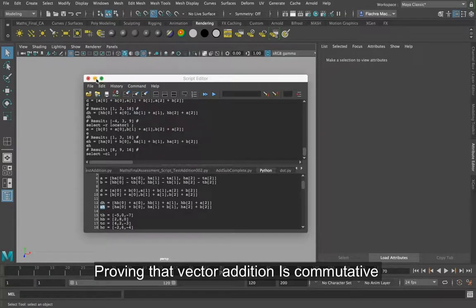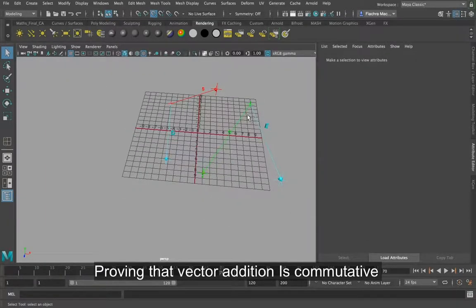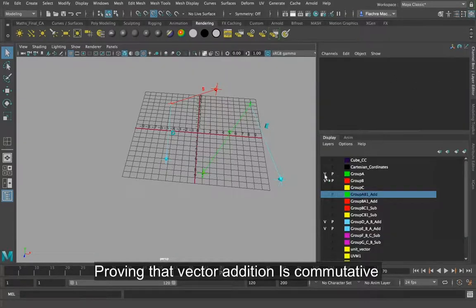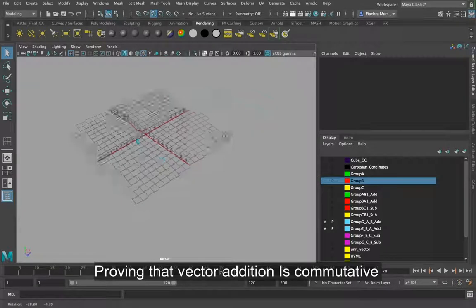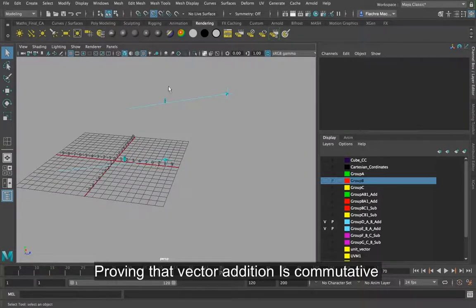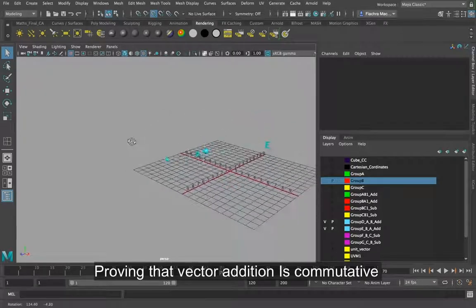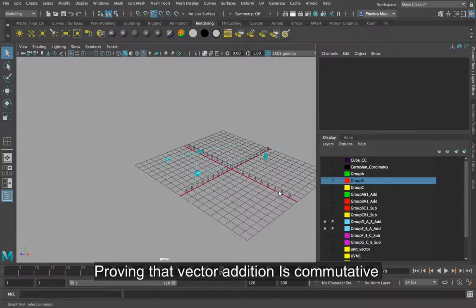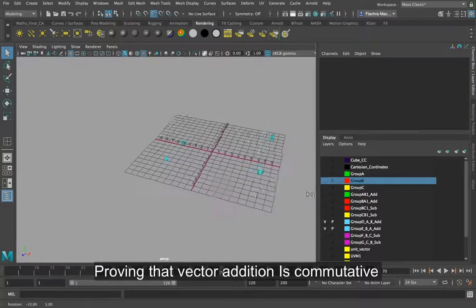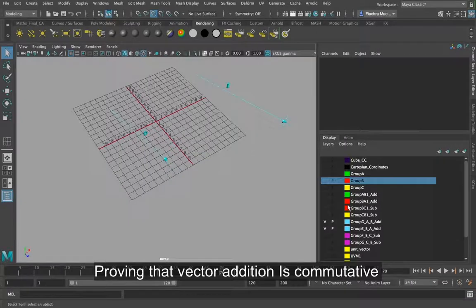As you can see here, if I get rid of B and A, you can see that the direction and magnitude of both D and E are the same, so when we add A to B or B to A, the resulting vector is identical.